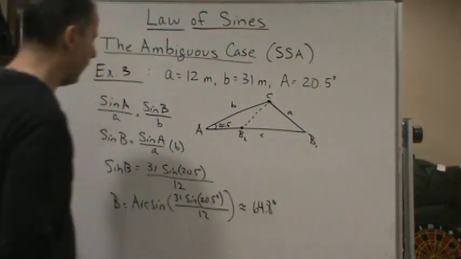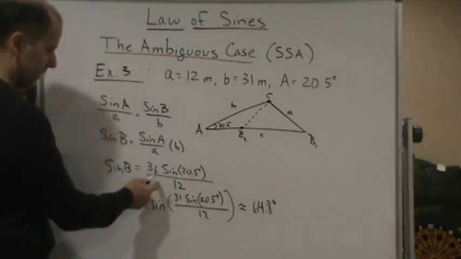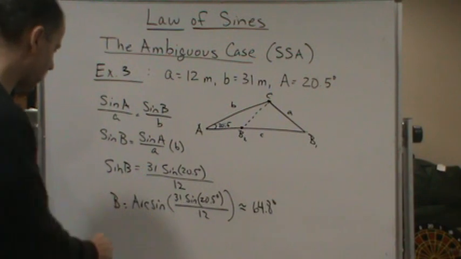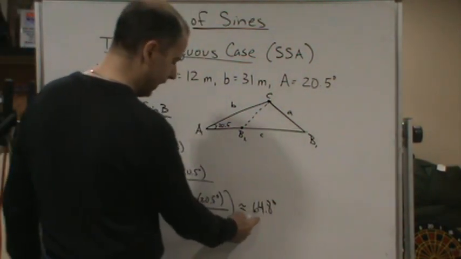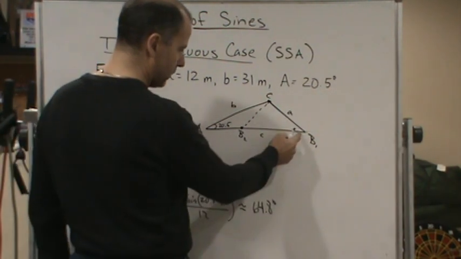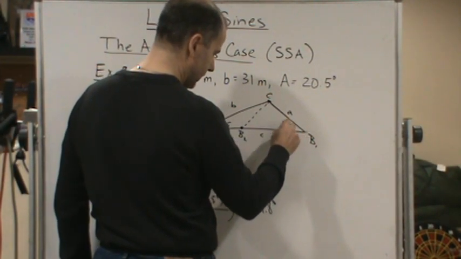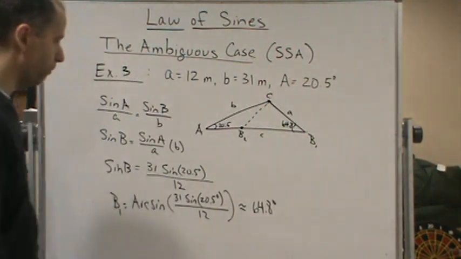Okay, so now, there are two angles that are going to satisfy this, right? One we found. Let's call that B1. So B1 is less than 90 degrees, so it has to be the acute angle here, 64.8 degrees. Now, what's the other one?